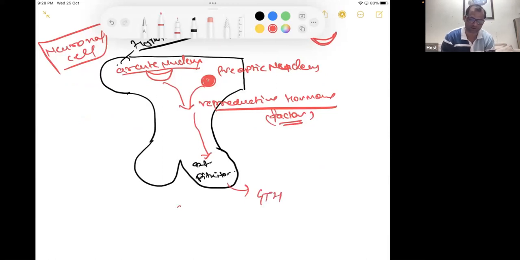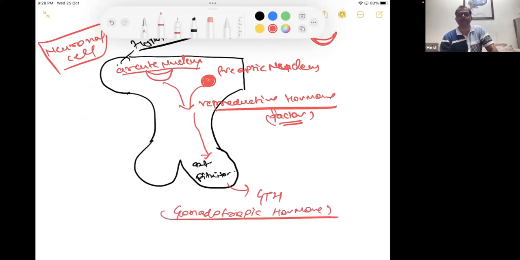GTH का मतलब है gonadotropic hormone. हमें इस हार्मोन की जरूरत है. ये हाइपोथैलेमस ने मैसेज किसको दिया? एंटीरियर पिट्यूटरी को. तो कैसे मैसेज देगा? अब चिल्ला के तो बोलेगा नहीं, ए पिट्यूटरी जरा ये वाला हार्मोन तो बनाना.